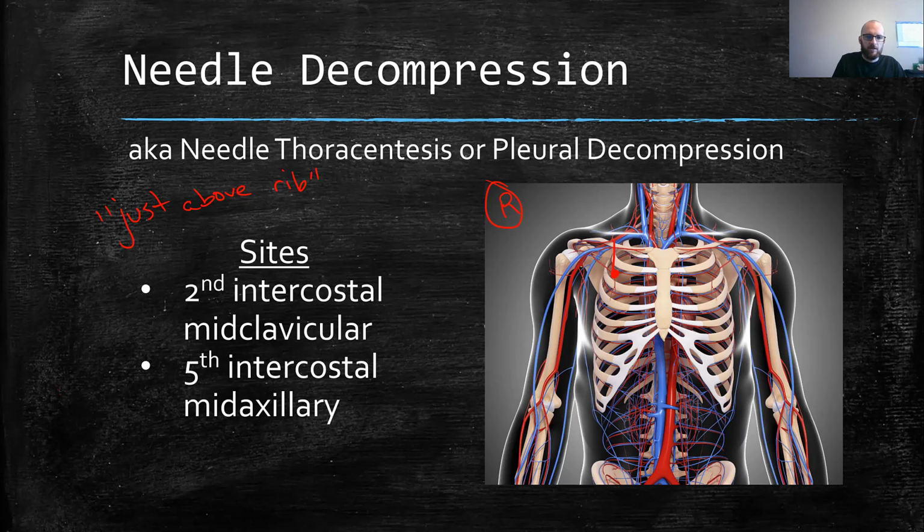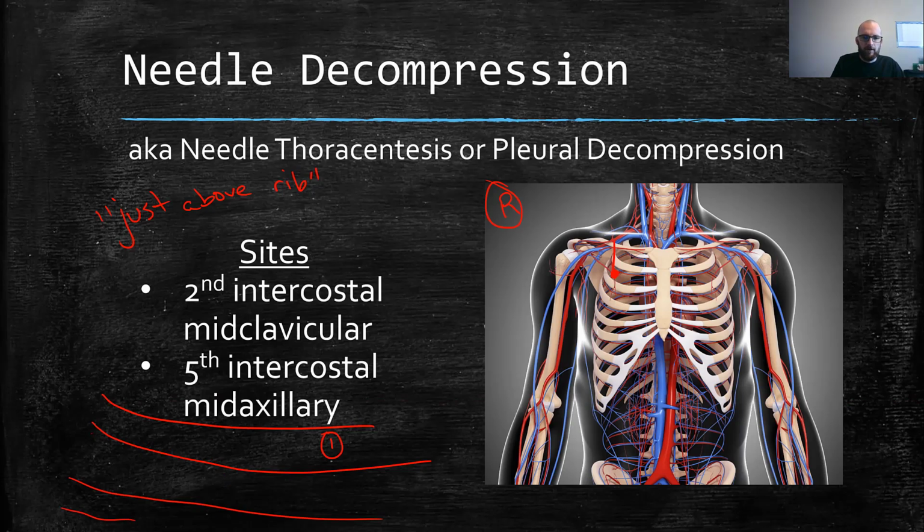And so what happens is, if we had 2 ribs, this is a rib, and this is the bottom rib, running right underneath the bottom border of the rib is what we call a neurovascular bundle, which is a little vein, artery, and nerve that runs just beneath each rib.